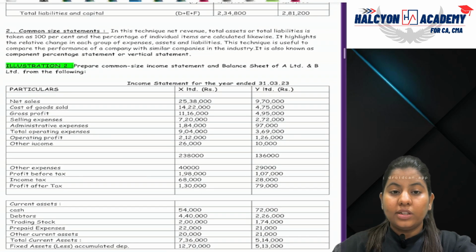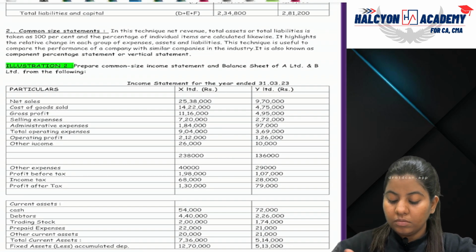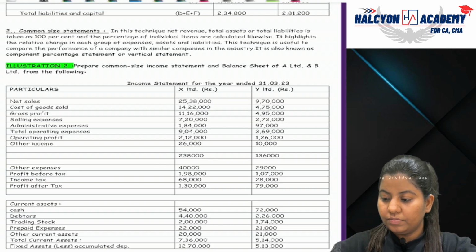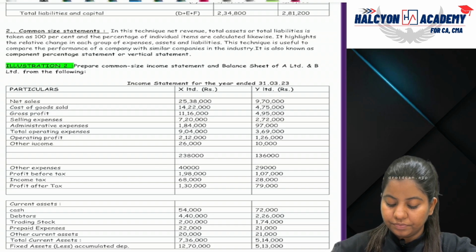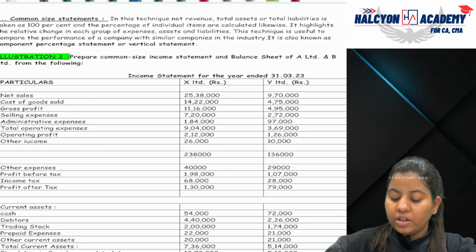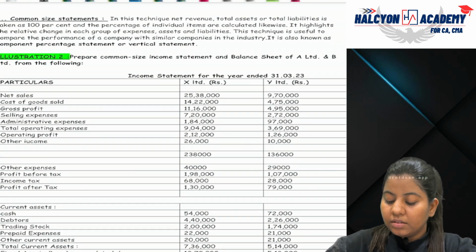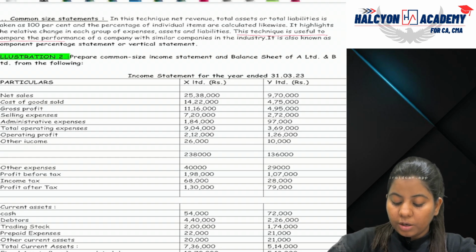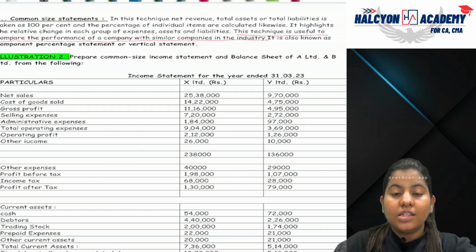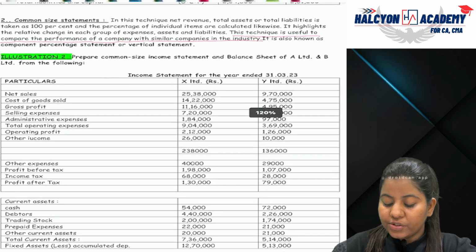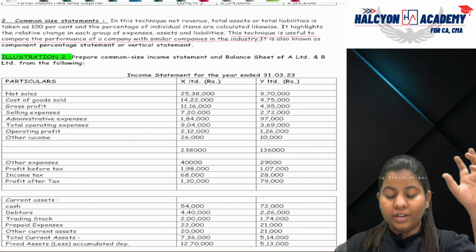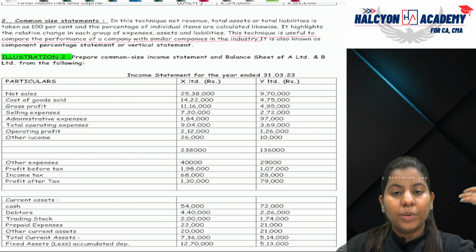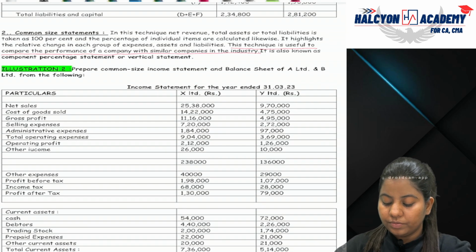First, let's see what is given in the book. The second last line: this technique is useful to compare the performance of a company with similar companies in the industry.